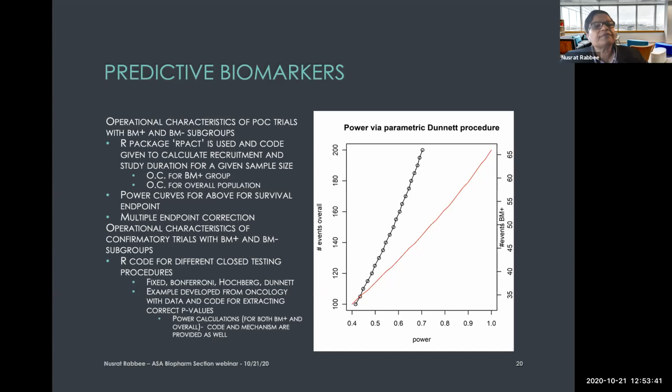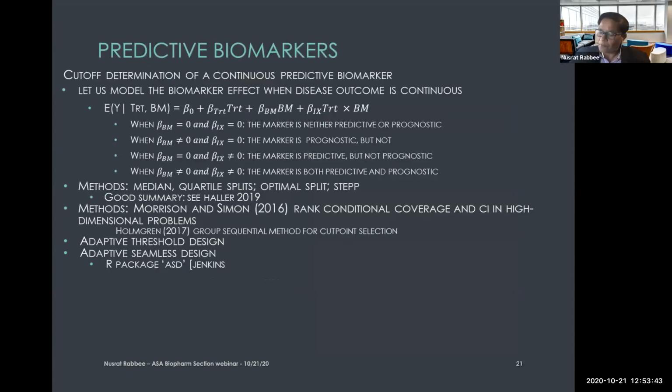So that's one thing. Let's move on and talk about something that I used to concern myself with a lot, which is if you do know the biomarker positive and biomarker negative group, maybe it's a mutation absent, present, or it's already well known.